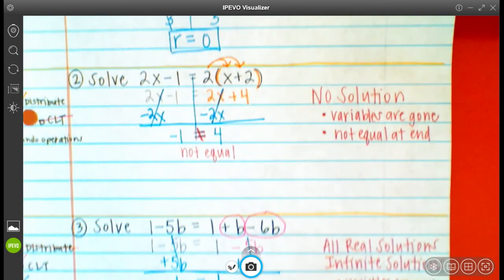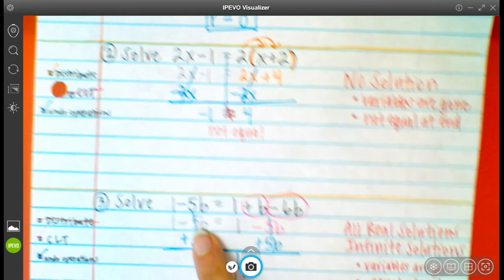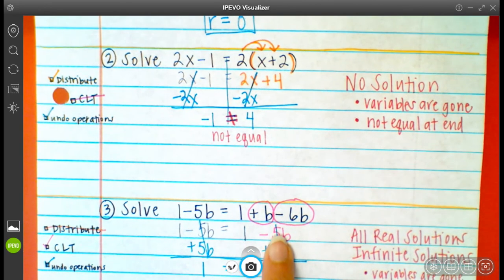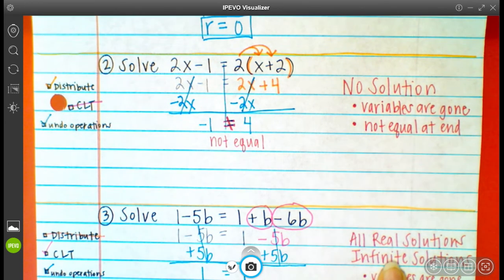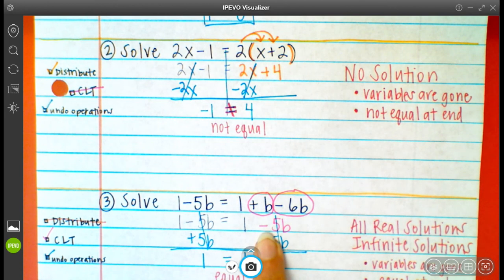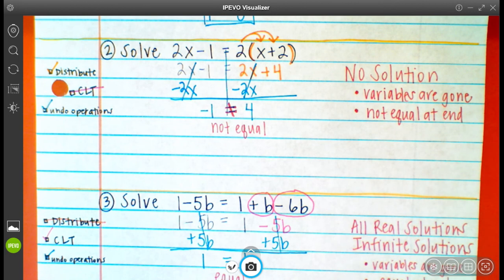So another way you could do that is identifying who looks exactly the same. So you could have known that this was all real solutions or infinite solutions as your answer back in step 1. That you were literally equal from left side to right side. You were exactly the same.